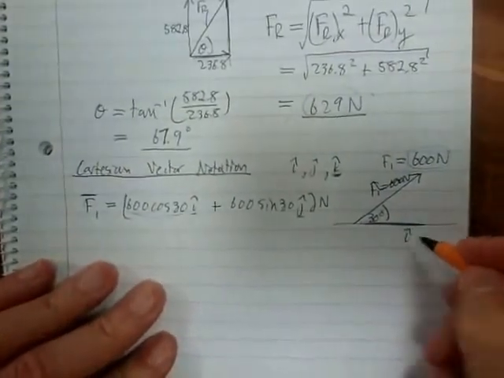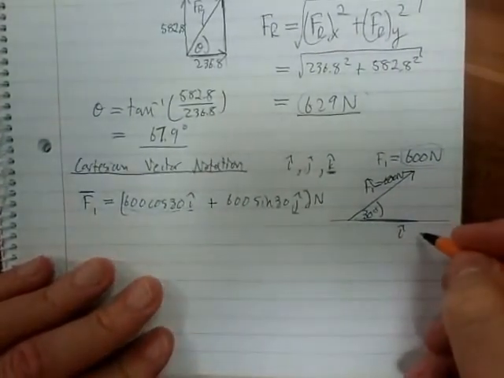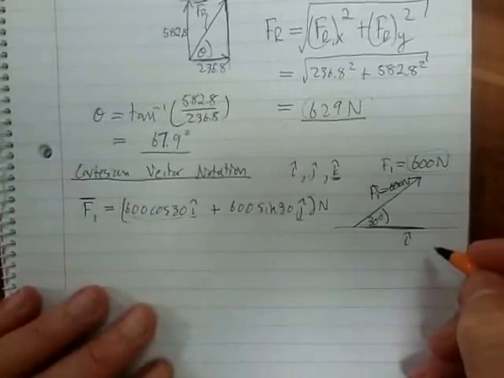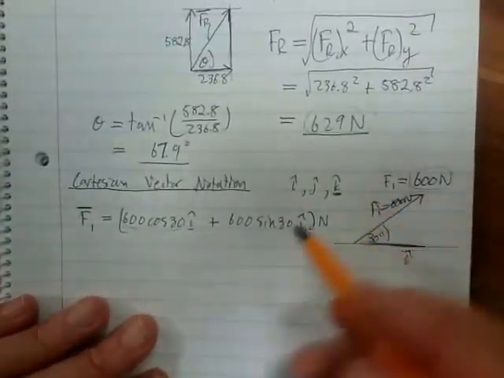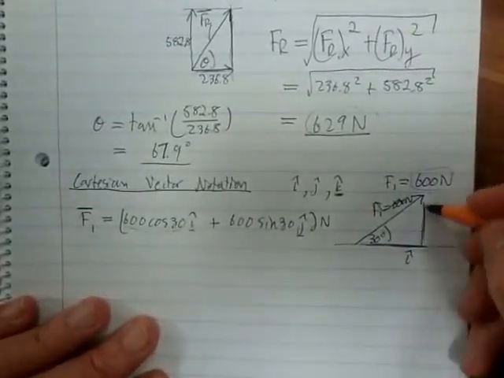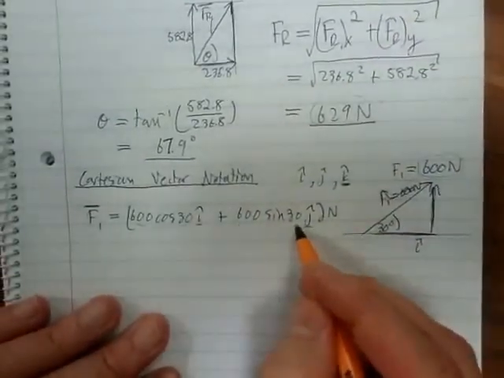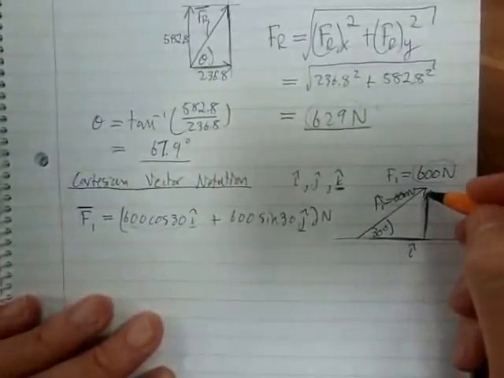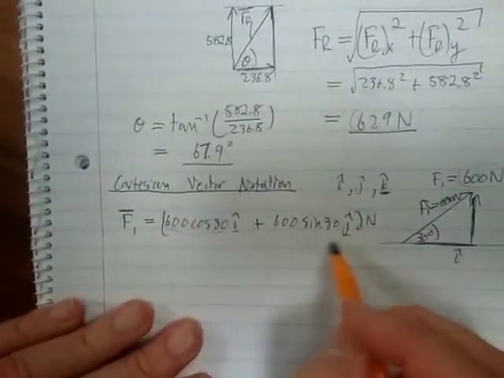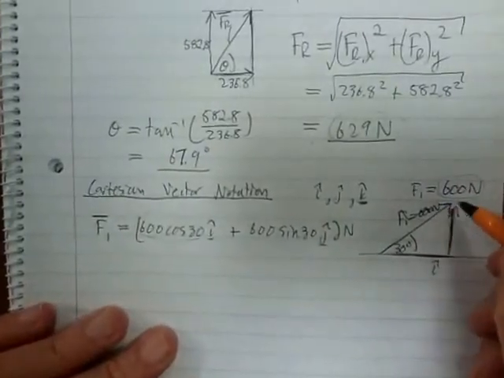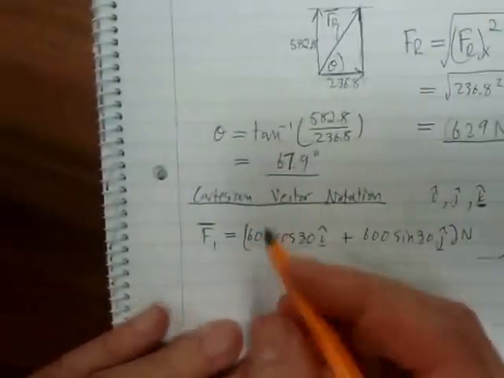And my I is simply my unit vector in the x direction. We will touch on unit vectors later in more detail. And the vertical component is 600 sine 30 in the J direction. So vectorially, if I add up this vector and that vector, I will get this resultant vector. Does that make sense?